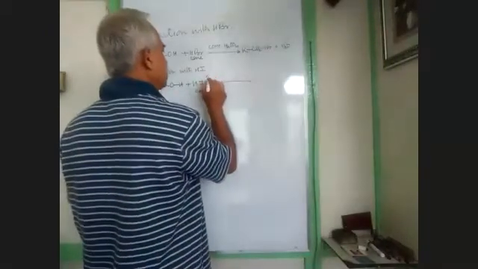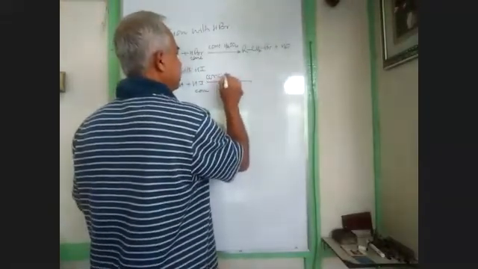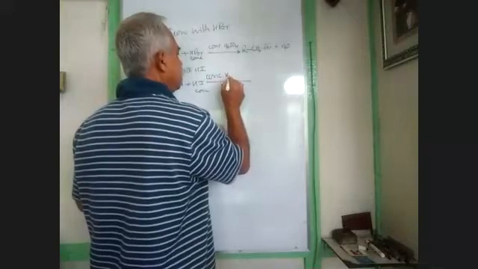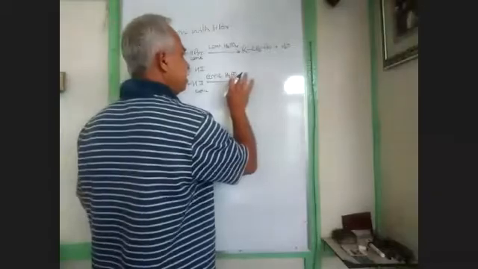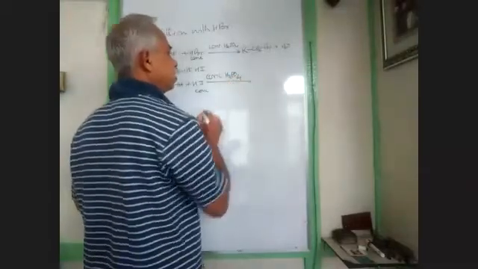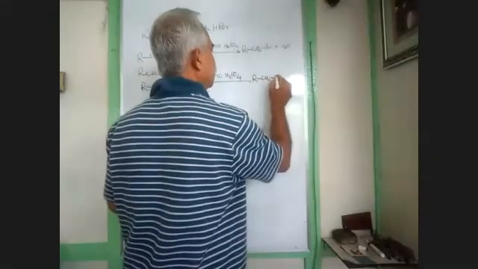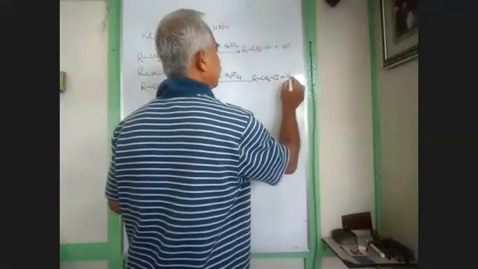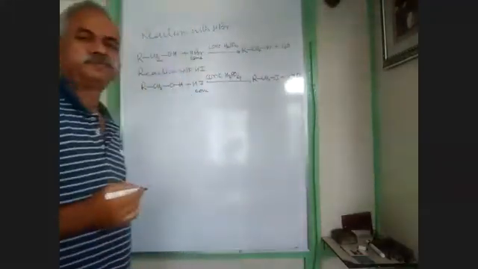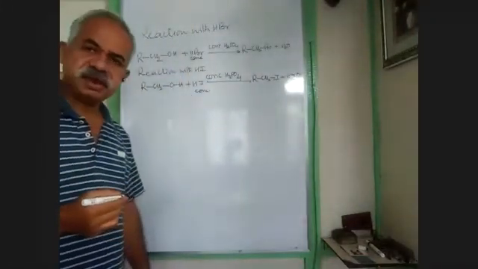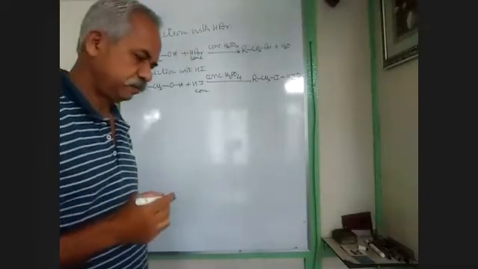I'm not going to repeat it because you will find it in the haloalkane video. So here we are going to use H3PO4, which is a very strong dehydrating agent, but it cannot oxidize. So you will get RCH2I plus H2O. So with this, I finish the reaction of alcohols with hydrogen halides.